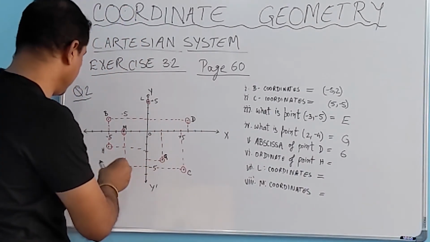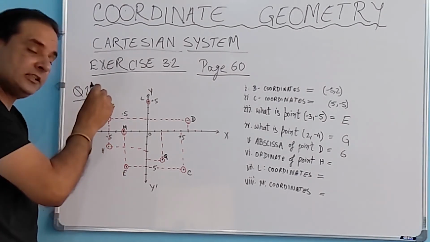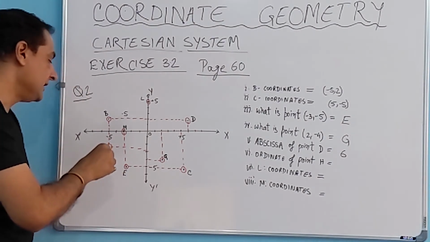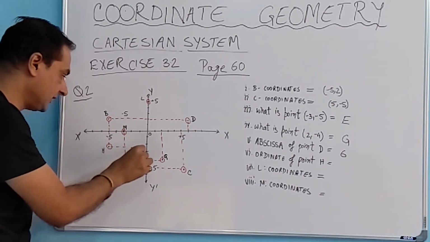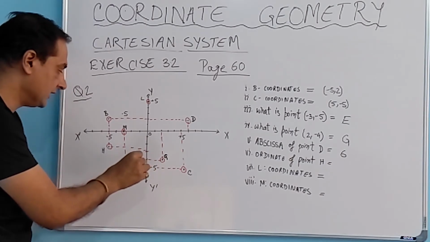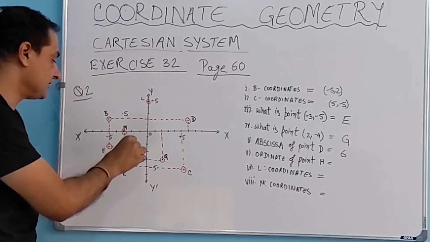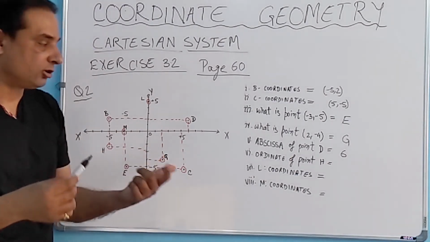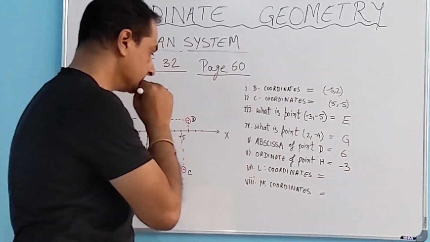Let's locate point H. Here it is. The y coordinate is the perpendicular distance from the x axis. If we draw that line, we find it is 1, 2, 3. So it is 3, but this is in the negative direction, so it is minus 3. So the ordinate for point H is minus 3.